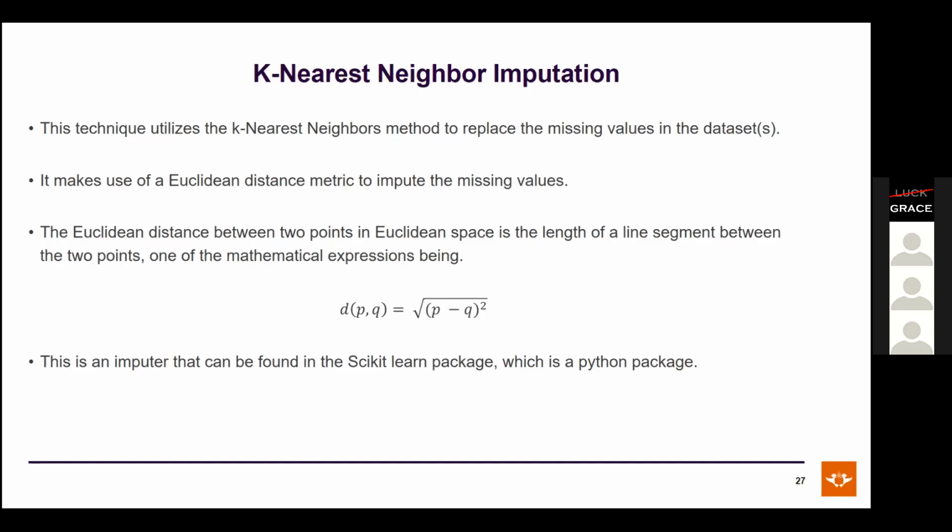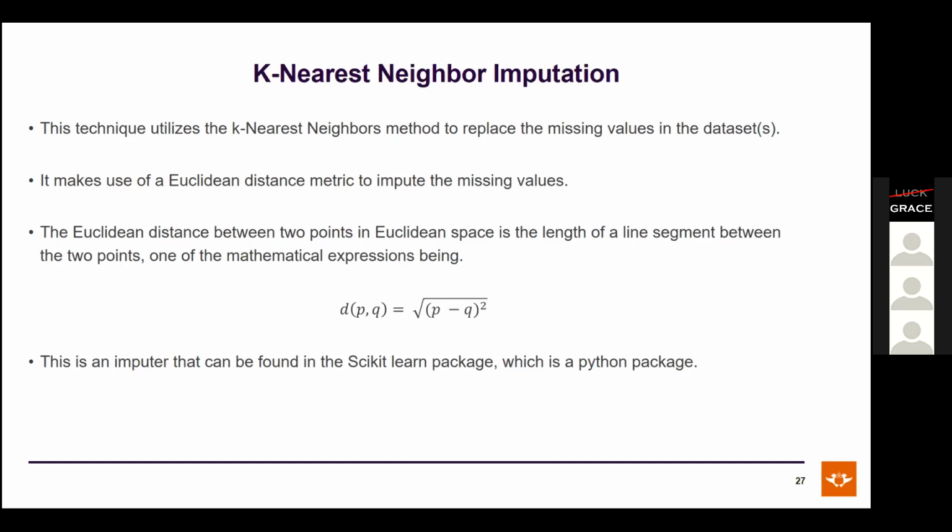There's Manhattan, and there's the Euclidean distance metric, which the K nearest neighbor imputation algorithm to be more specific makes use of. Now the Euclidean distance between 2 points is basically the length of a line segment between these 2 points.